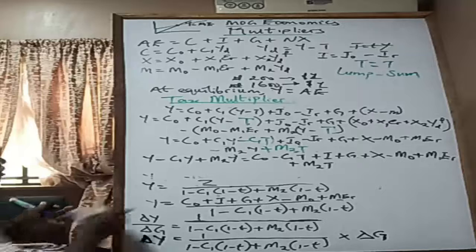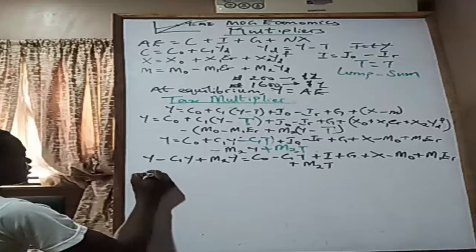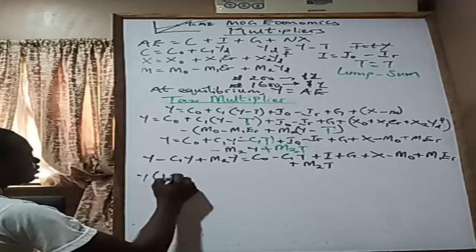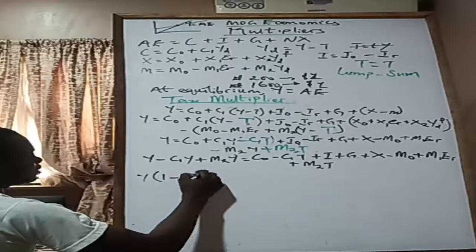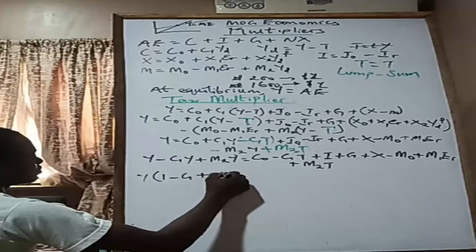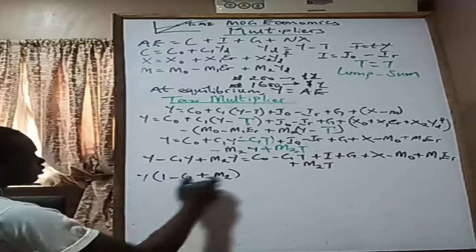Okay, so now collecting items, Y times (1 minus c1 plus m2) equals all of these things.